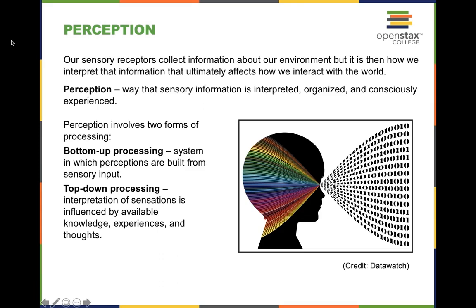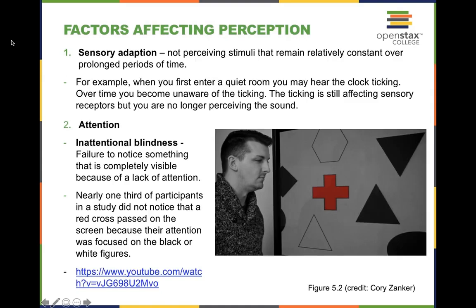Top down processing is whenever we interpret sensation and it's influenced by available knowledge, experiences, and thoughts. So what other prior experiences can you relate this to and intermingle that with what you've previously experienced? That's top down processing. Both of those are going to be needed for your test, probably.